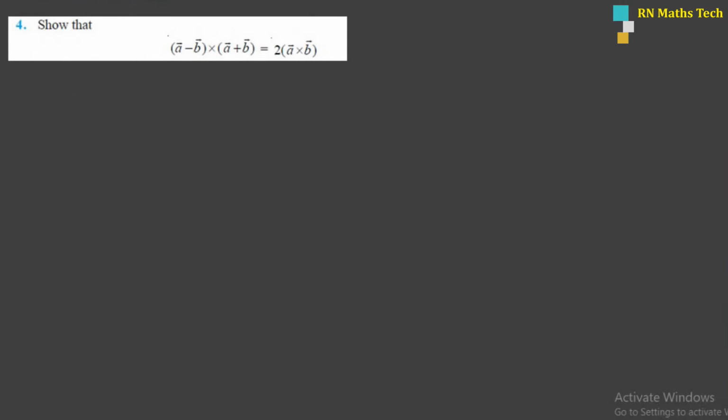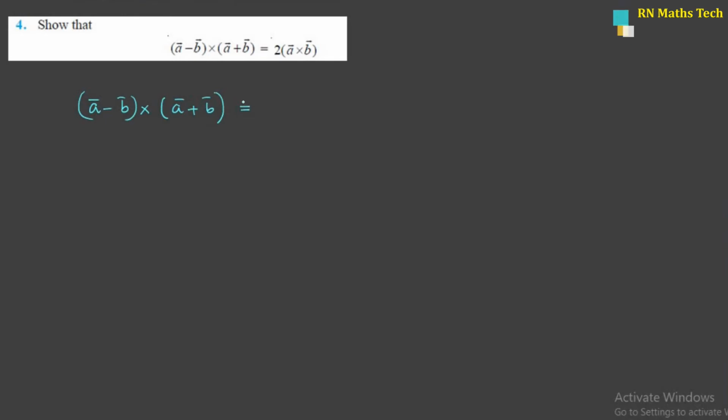Next one, fourth one: show that (a bar minus b bar) cross (a bar plus b bar) is equal to... So we can apply the distributive property.